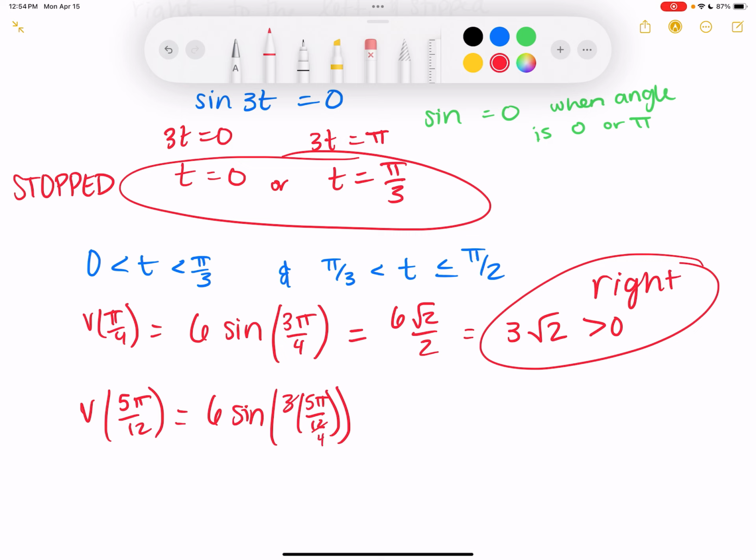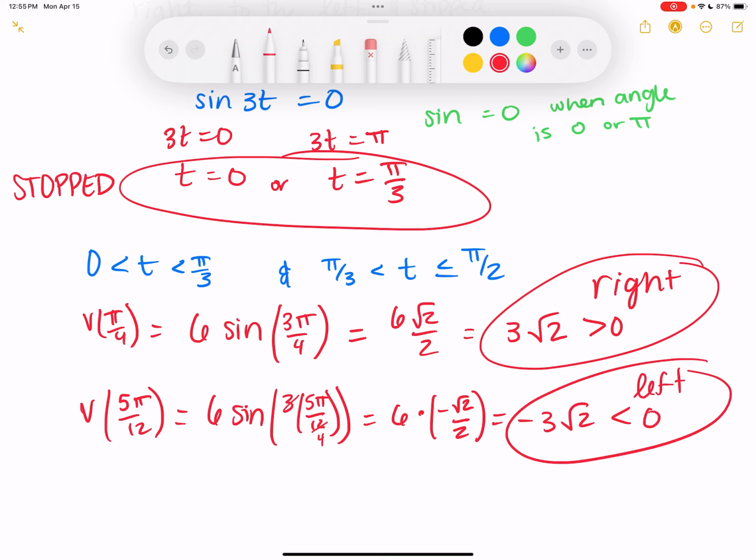So what is the sine of 5 pi over 4? Negative root 2 over 2, which means this comes out to be negative 3 root 2. And what is that? Moving left, it's less than 0.